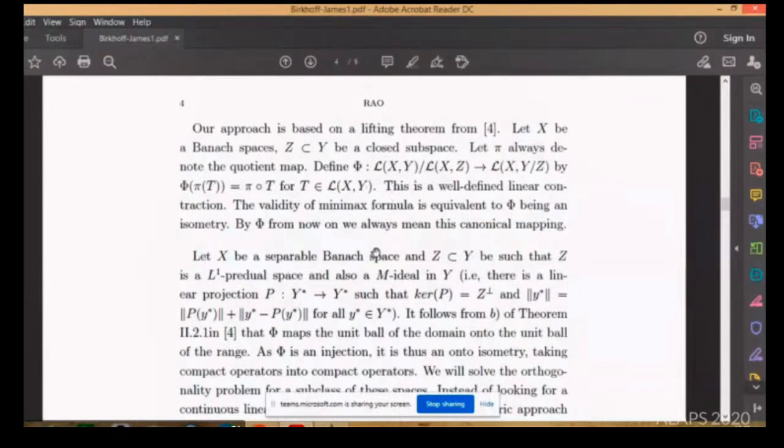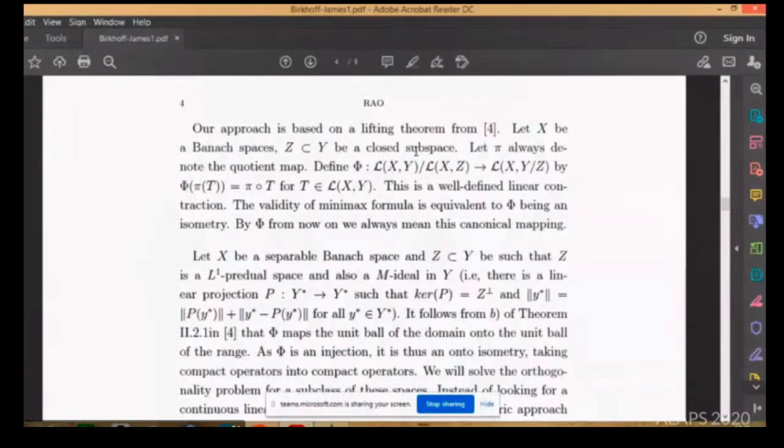So pi denotes the quotient map on all spaces. So you look at phi of pi of T. Any element here looks like pi of T, where pi is the map from L(X,Y) to this quotient space. So phi of pi of T is: look at the corresponding quotient map here and take the composition.